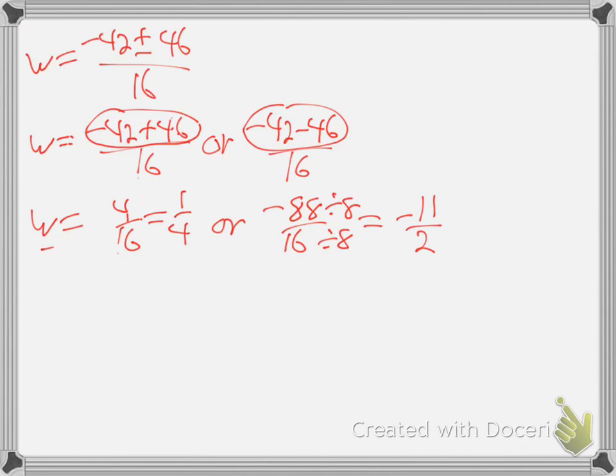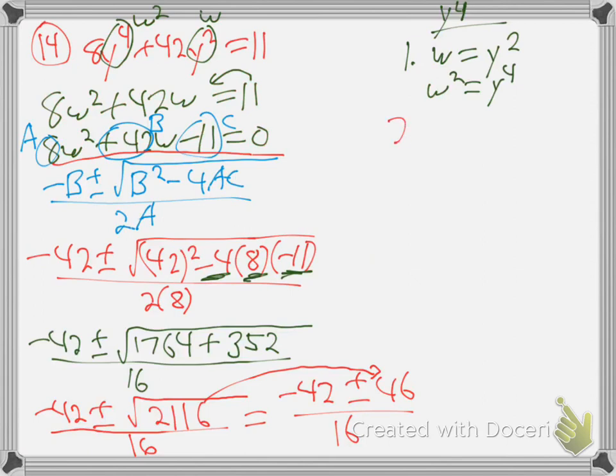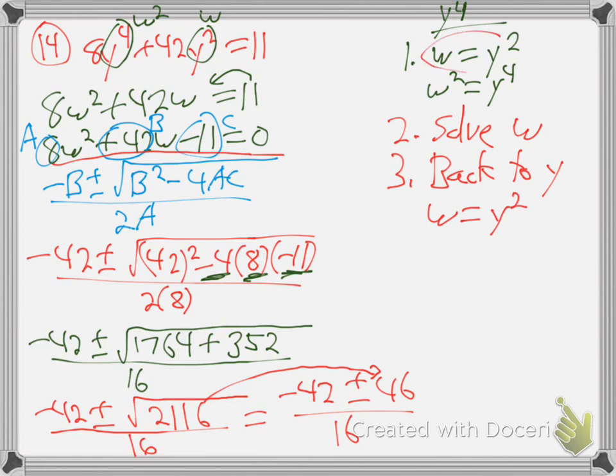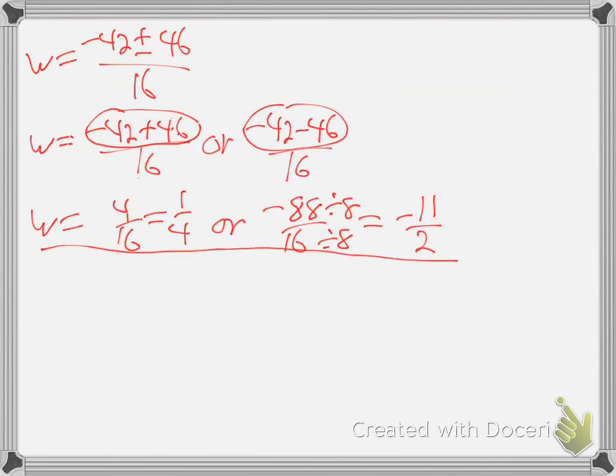All right, so we have 2 w answers, but we're not done yet. You know what we do next. Step 2 is solve for w, and then step 3 is to go back to y. How so? w equals y squared, right? We're done with the w work. Now w is y squared, so y squared is 1/4, or y squared is minus 11 halves.